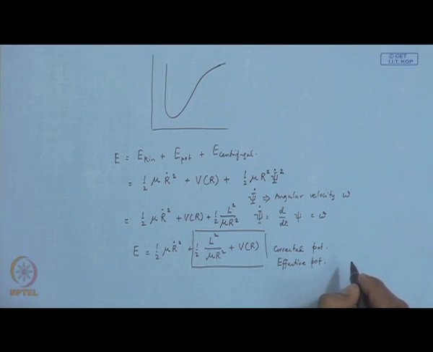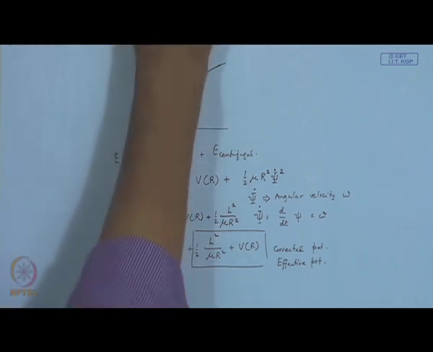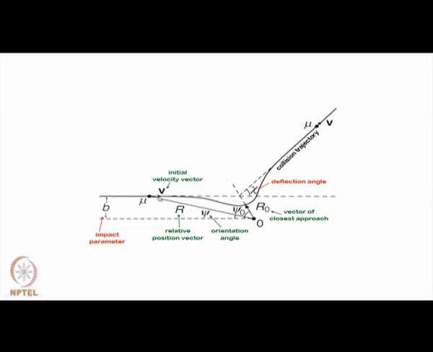So this is the centrifugally corrected potential. It is the centrifugal energy, that is, energy taken up in the rotation of the position vector. That is why a centrifugal force comes into action. So this vector is changing its angle.